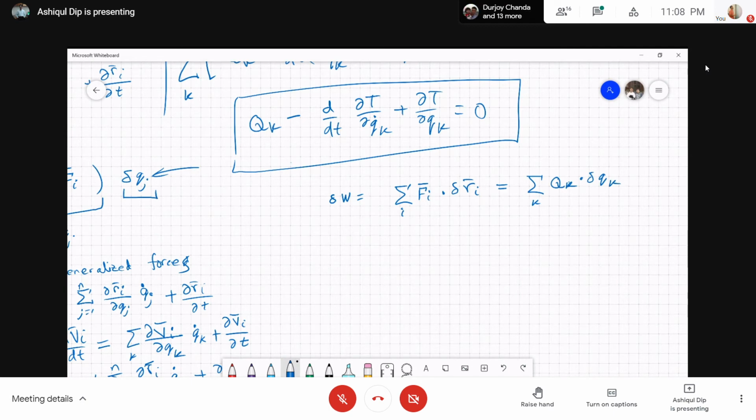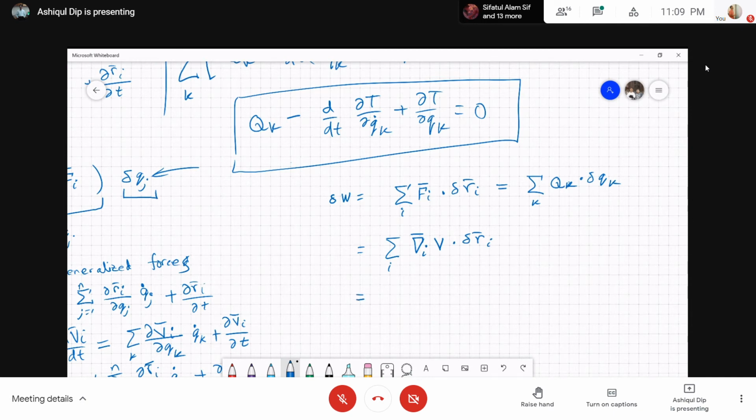If F_i is derivable from a potential V, then we can write like this: sum over i of the gradient_i of V. This index i means the coordinates of a specific particle we are picking; take the derivative with respect to that coordinate of the potential. So that dot this thing.